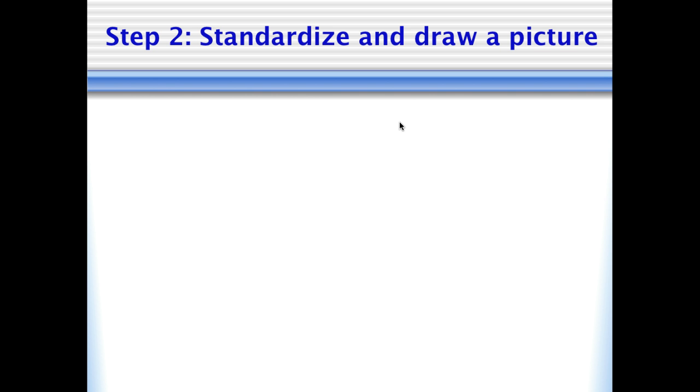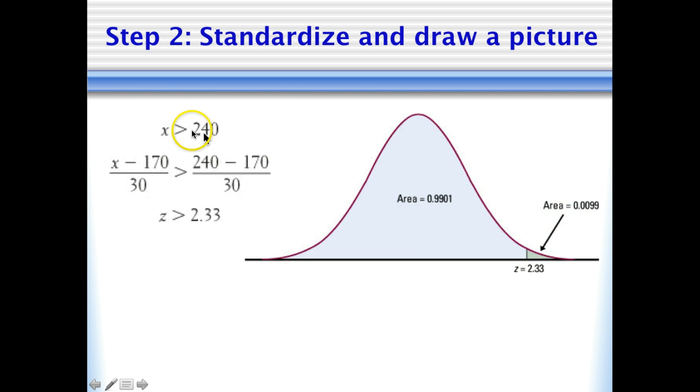Step 2 is to standardize and draw my picture. So you'll see that I plugged in my observed value of 240 minus the mean over the standard deviation, and that gave me a z-score of 2.33. Sure enough, a z-score of 2.33 falls above the mean, and I shade above because I want to find the probability of being greater than 240.